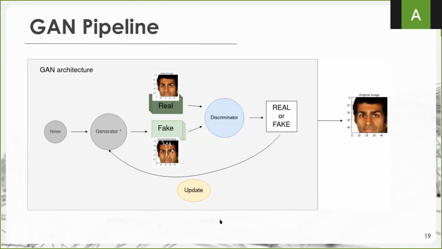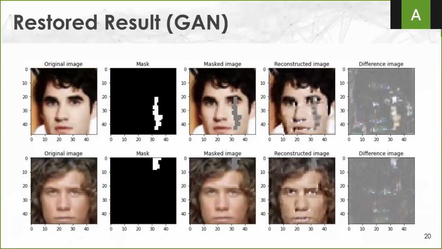A generative adversarial network consists of two different models, the generator and the discriminator. As the generator we put our previous model, and we add the discriminator and try to improve our results. However, here you can see the final results.